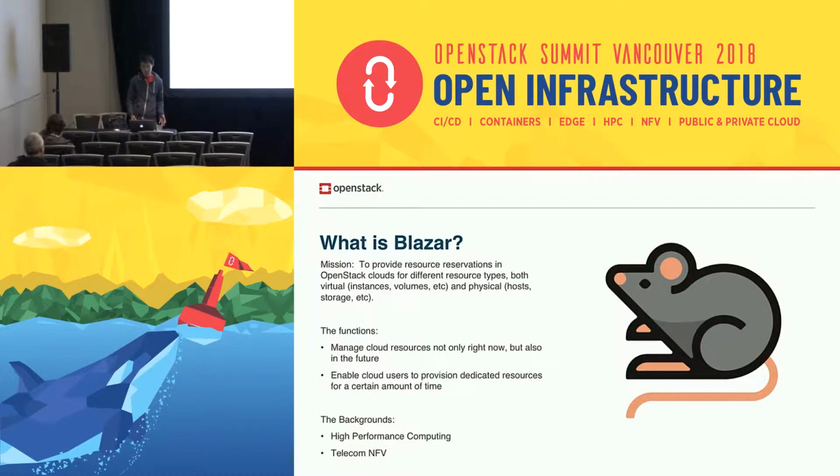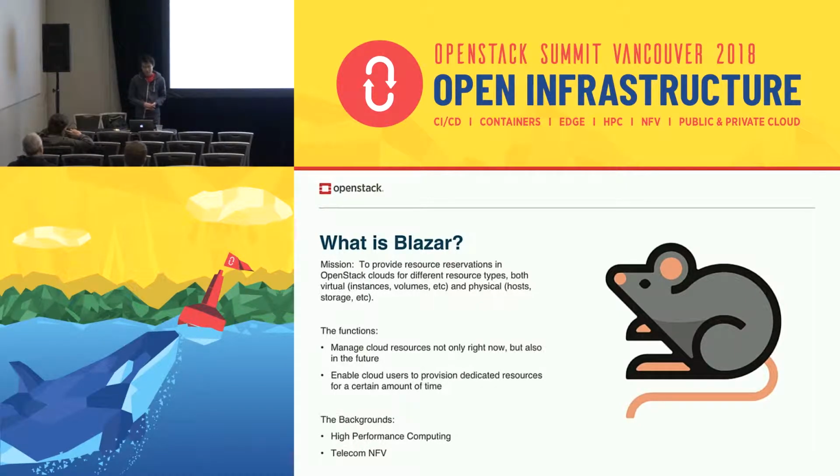And the physical resources means the host, meaning hypervisors in Nova, or storage in Cinder, etc. Blazar became an OpenStack official project in the Queen cycle. So this is the first official release of Blazar as an OpenStack project.